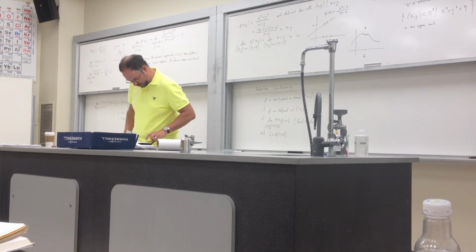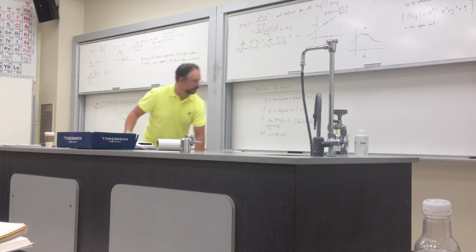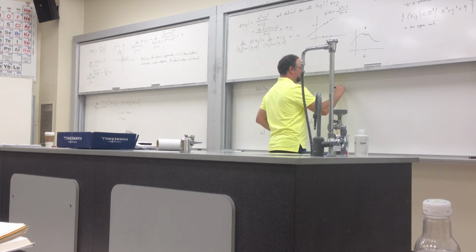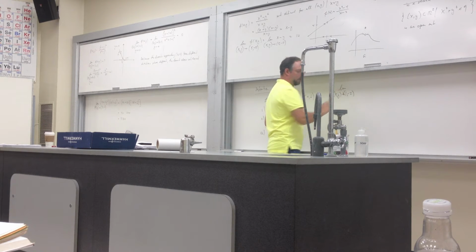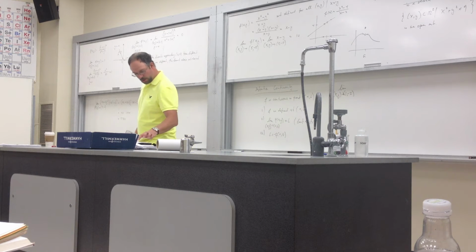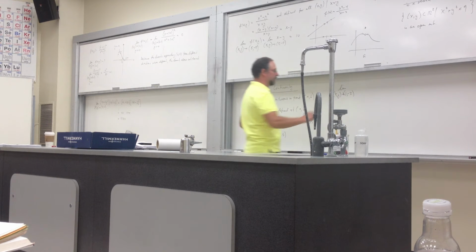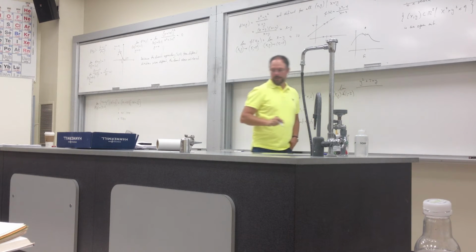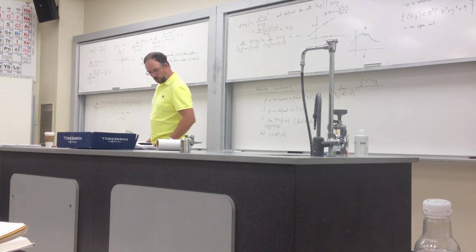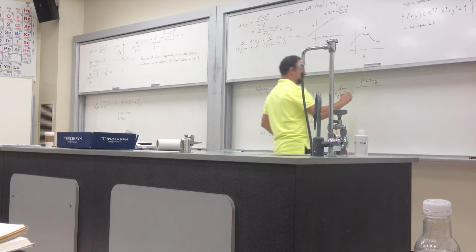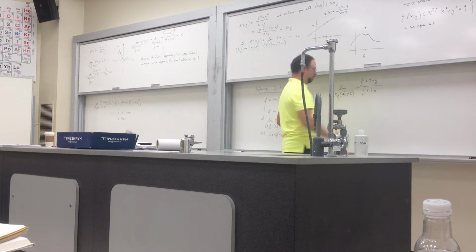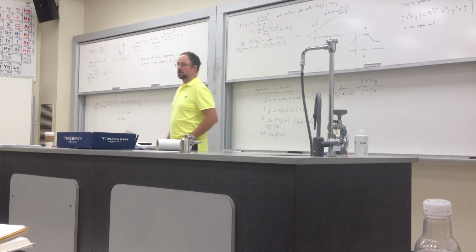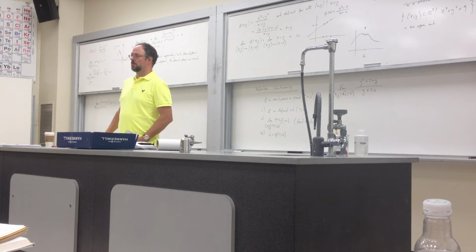But how about the limit as x and y go to (1, -2)? And our function is y squared plus 2xy divided by y plus 2x. So is that one continuous at that point?